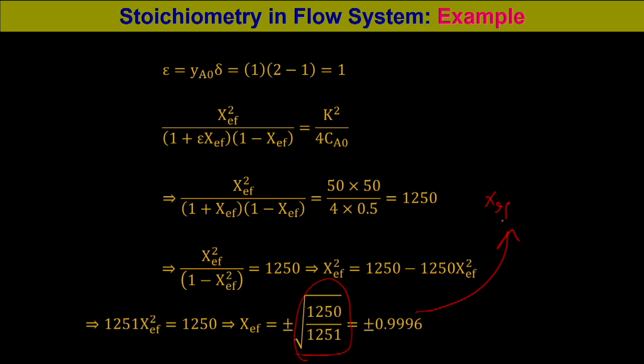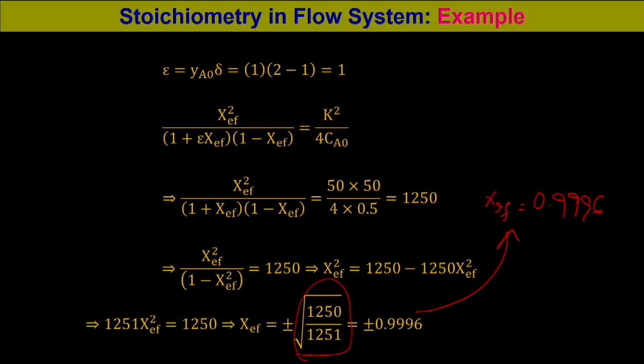So, the equilibrium conversion in this case, Xef, is 0.9996. Because the conversion cannot be negative, we take the positive root, which is 0.9996.